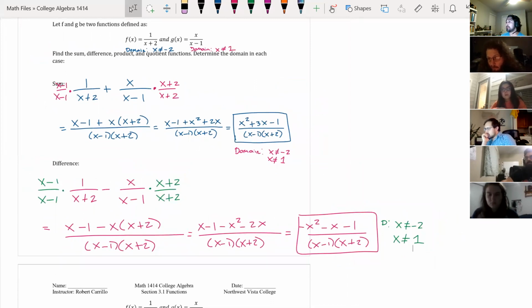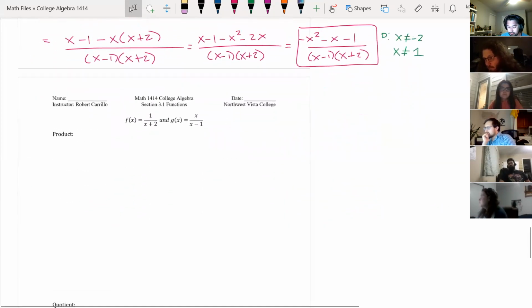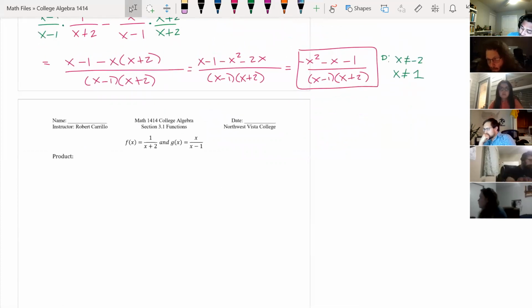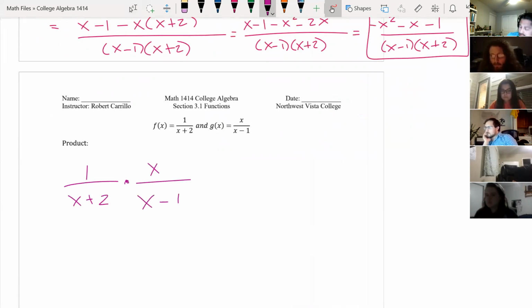Any questions on that page? All right. Last page. Product. So product, just multiply the two together. So 1 over x plus 2 times x over x minus 1.